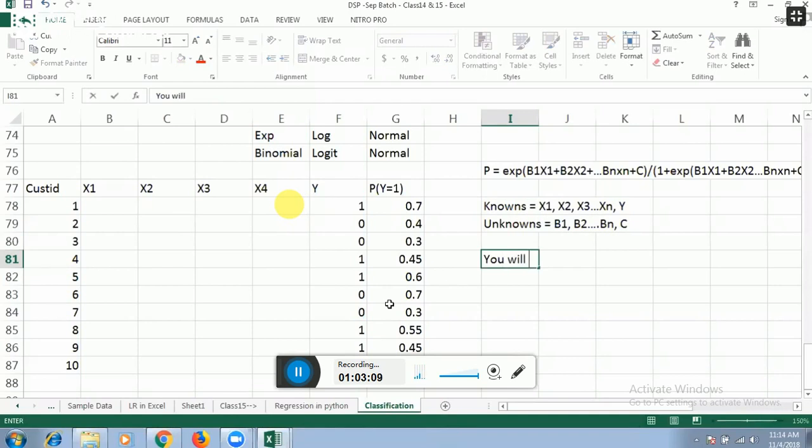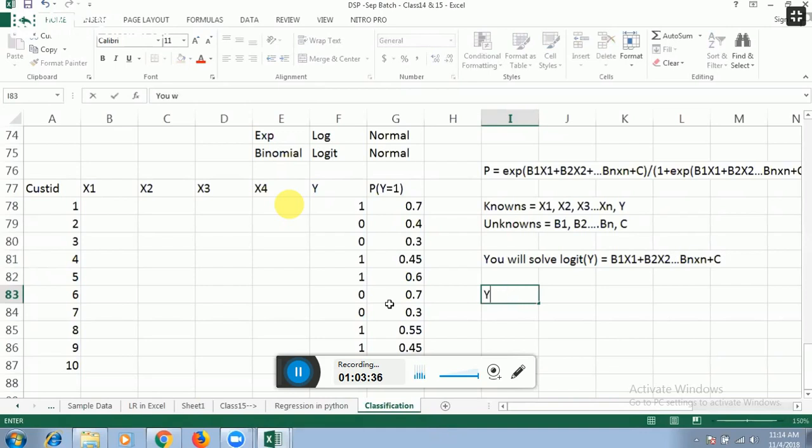You will solve the relationship: logit of y is equal to beta 1 x1 plus beta 2 x2 and so on, beta n xn plus constant, right?